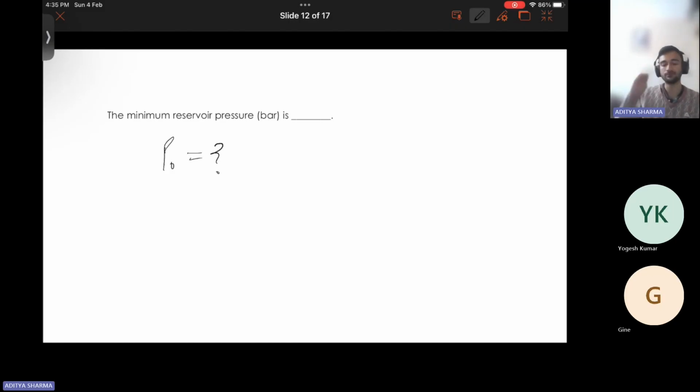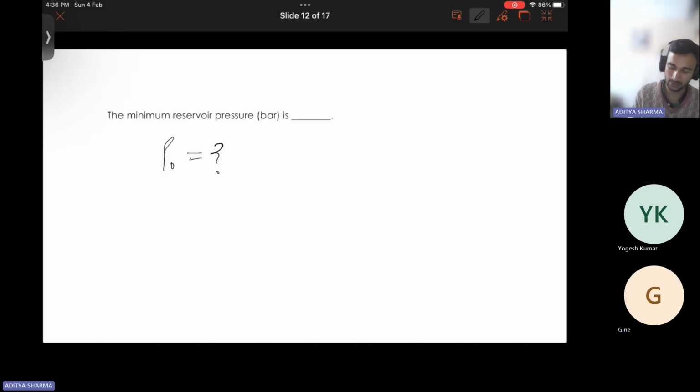Any idea? We have these isentropic relations: P by P naught is T by T naught, the whole power gamma by gamma minus 1.